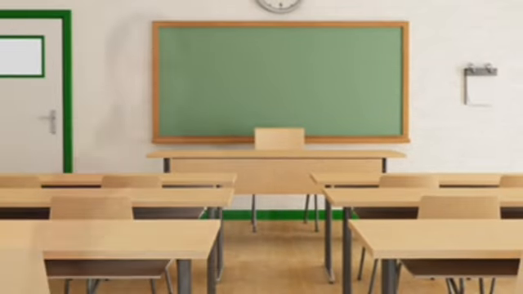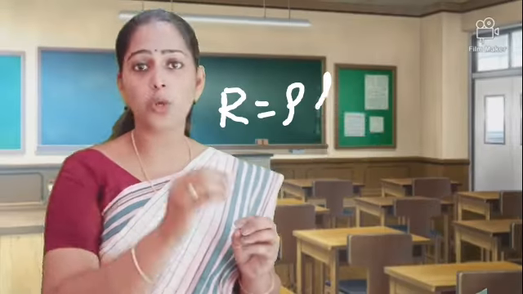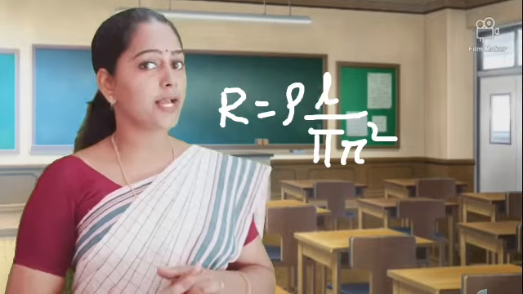The resistor is in the form of a cylindrical shape, isn't it? The wire is cylindrical in shape, so the area becomes pi r square. So what will we get? R is equal to rho L by pi r square. That is the equation.